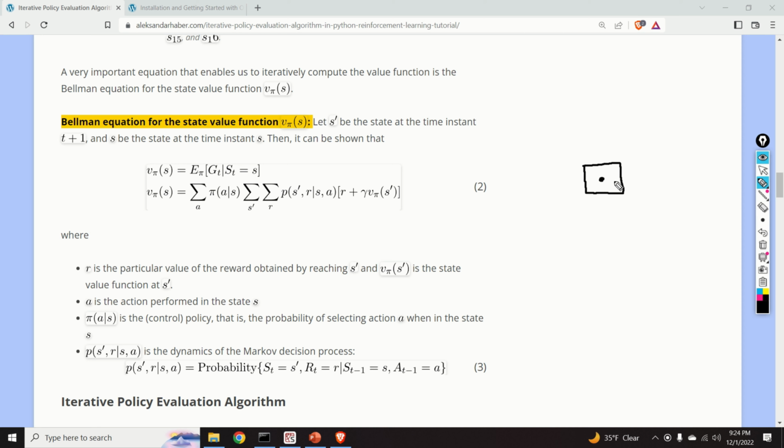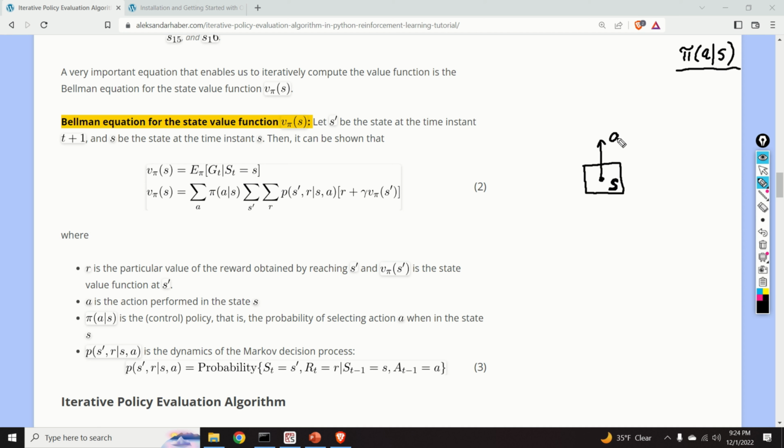And let this field, or better to say, its state, be denoted by S. Then, let us assume that we are following the policy pi of selecting A, given that we are in the state S. So this is actually a probability of choosing a particular action A, given that we are in the state S. We have 4 possible actions.